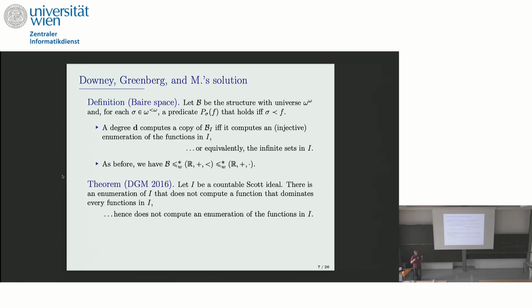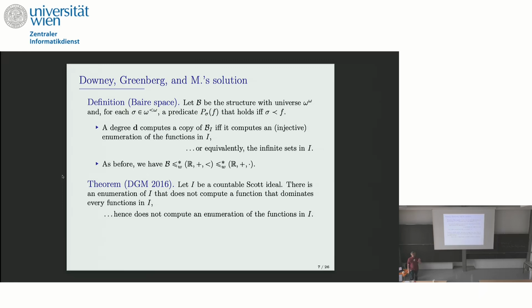There's so much I want to say about this, but like the fact that Carl Jockusch basically gave the converse of this in '72. He proved that every high degree, I can say this a little bit better: a degree is high, its jump computes zero double jump, if and only if the degree computes a list of all the computable sets, if and only if it computes a list of all the computable functions.